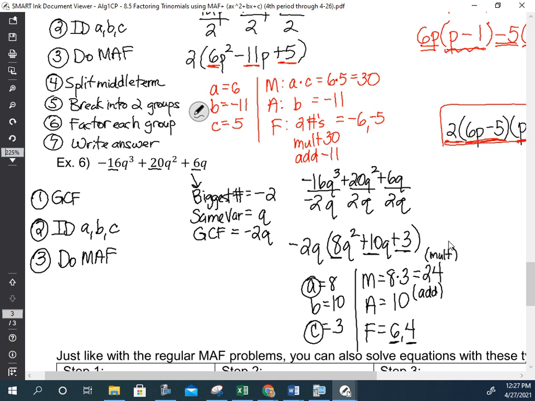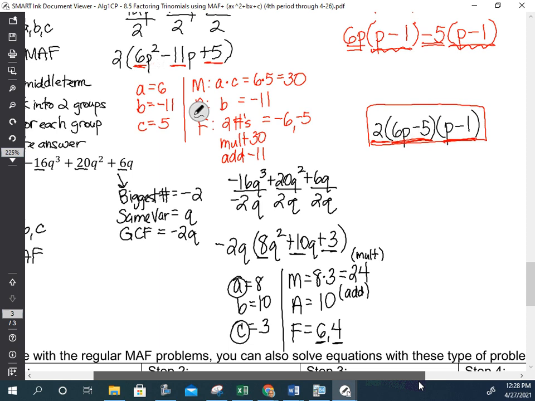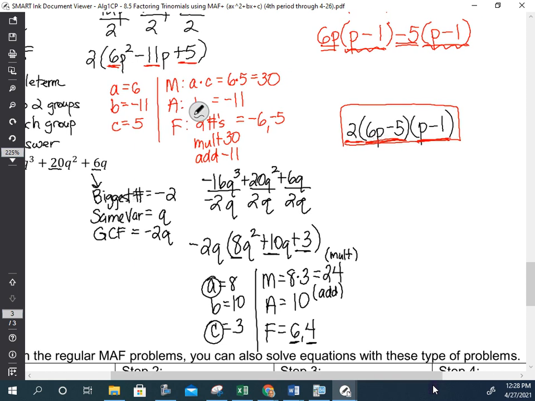Now you've got the two numbers that you need to split the middle apart. Take the middle and split it apart.